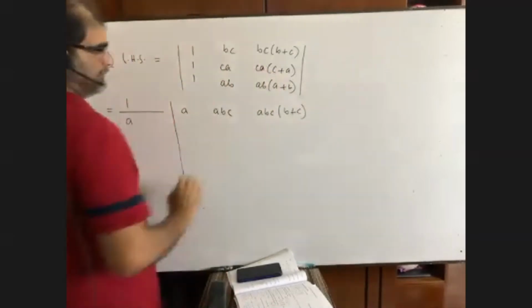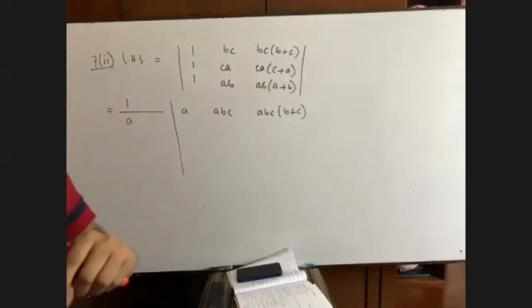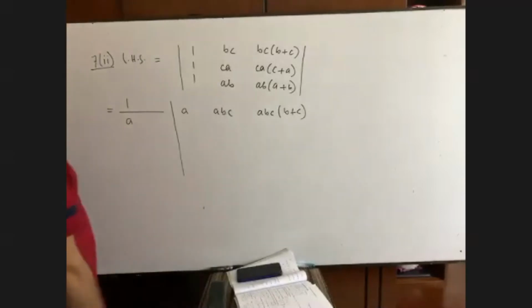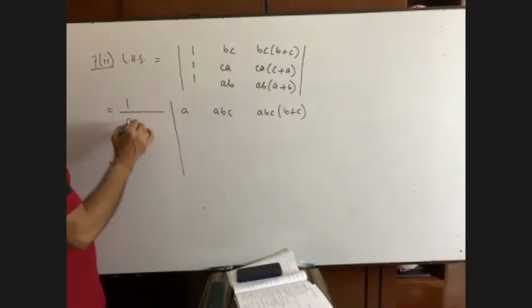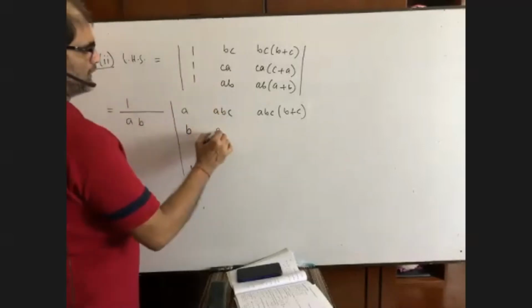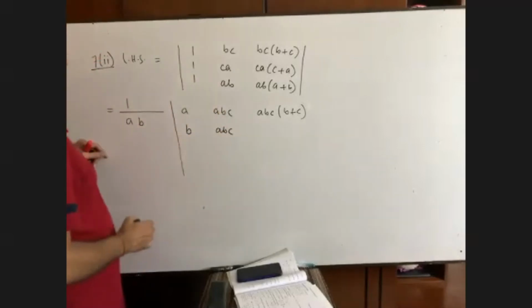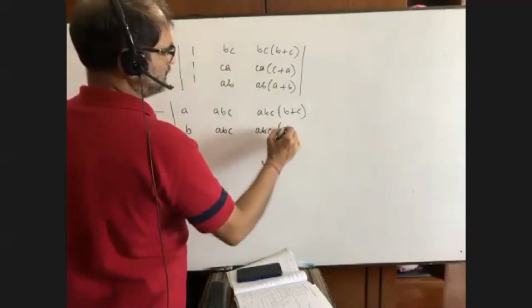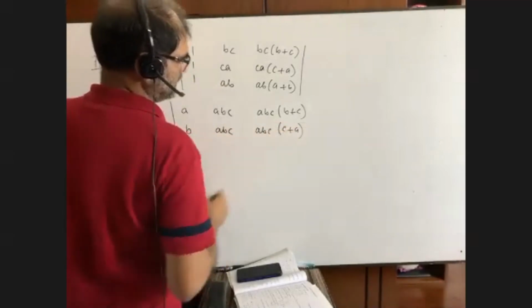Please try to understand: I am going to multiply the first row by A. Then go to the second row, multiply by B. It is ABC.